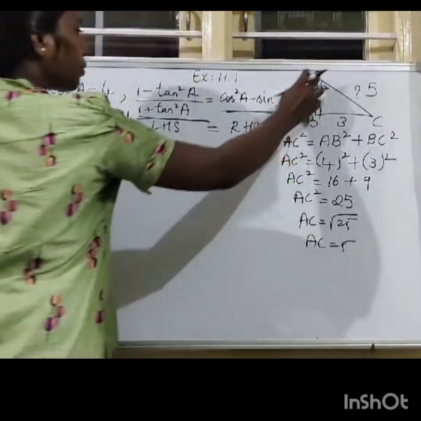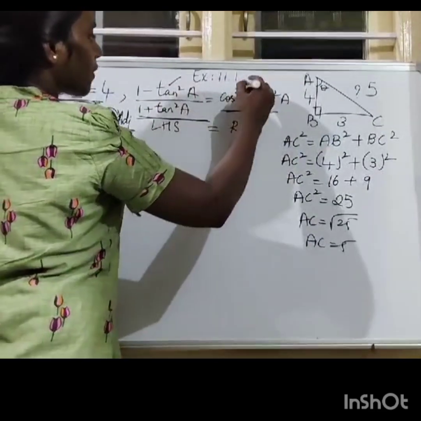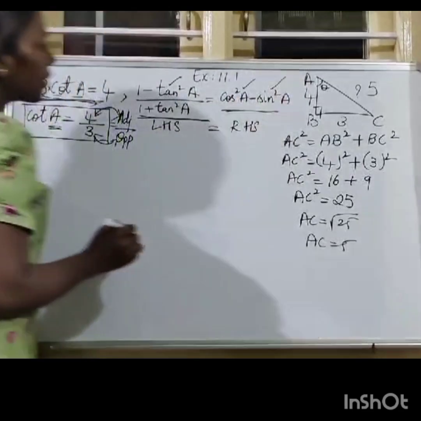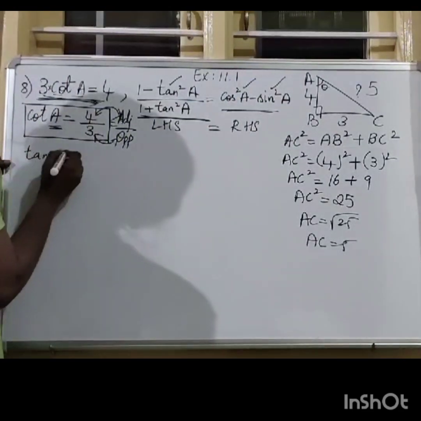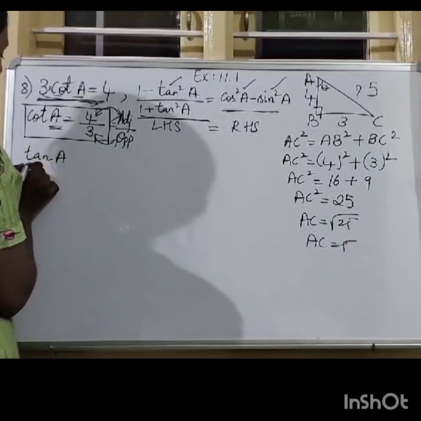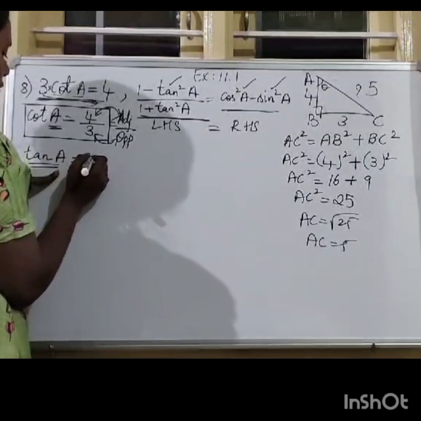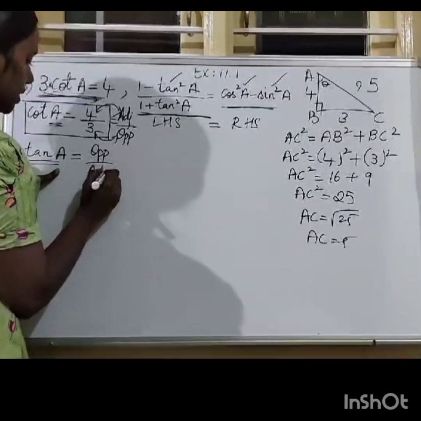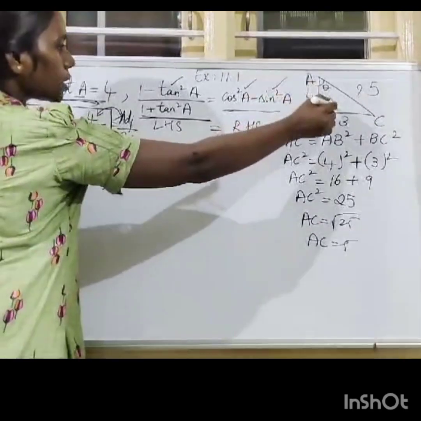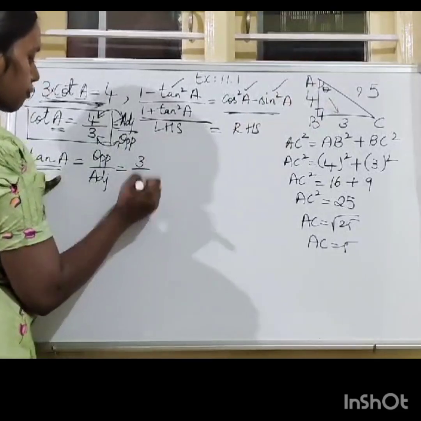Now we have got AC value. Now let us find out tan square value, cos square value, sin square value. So first, in order to find out tan square value, we will have to find out tan value first. Tan ratio is opposite by adjacent. Opposite is BC 3, adjacent is 4.